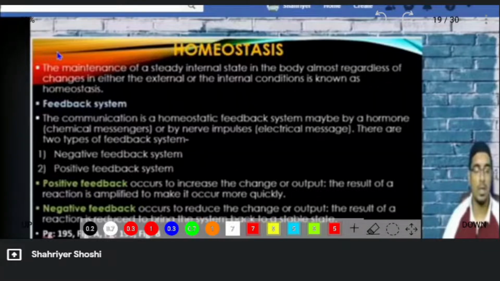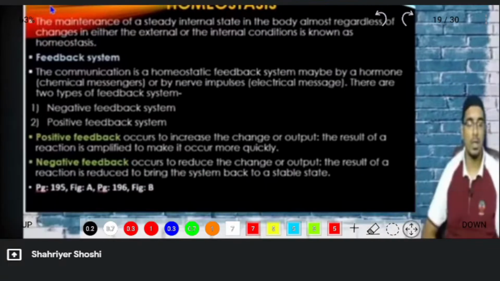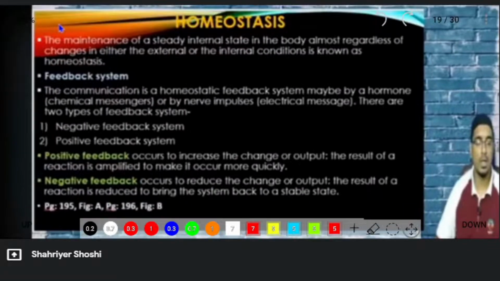Let's not go deep into this definition. Let me just explain to you what homeostasis actually is.